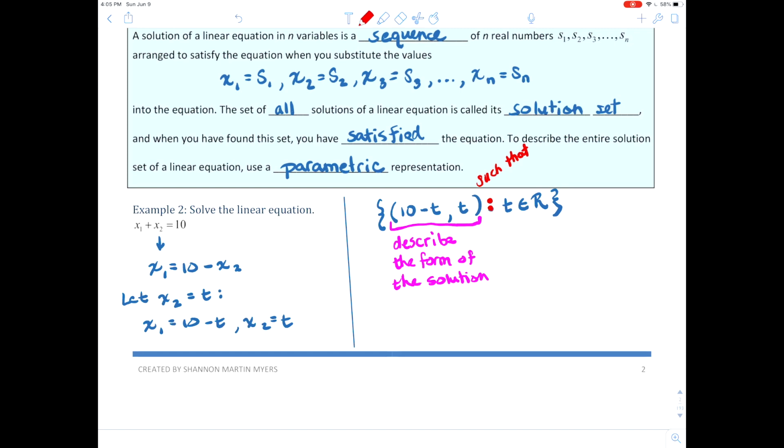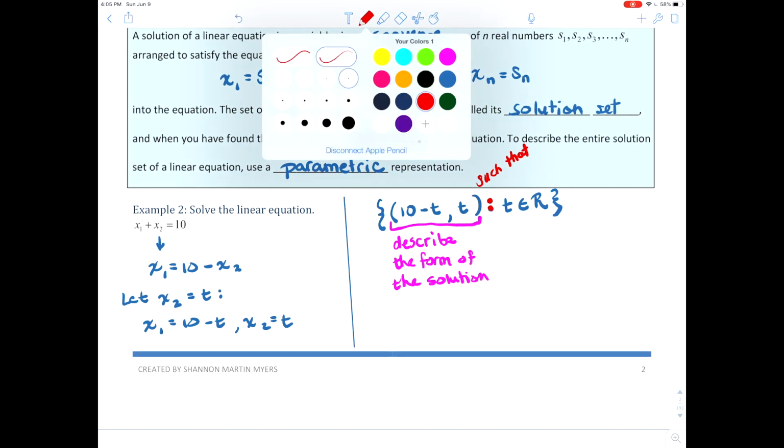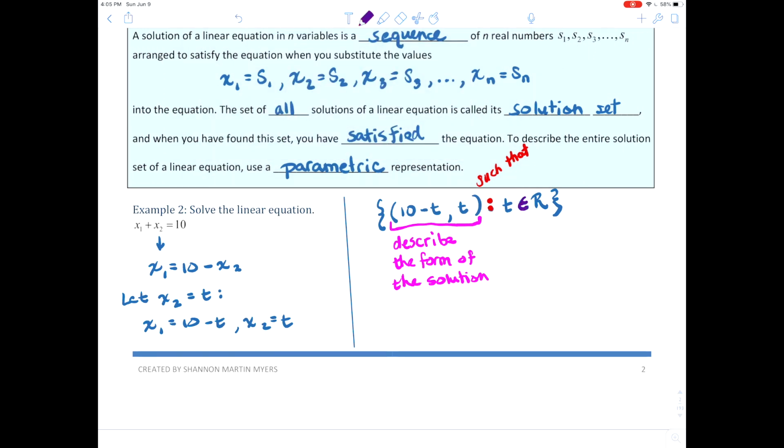And now we also have another nifty little shortcut. So this epsilon means is an element of. I'll often say belongs to, is part of, something like that. Cool, cool.